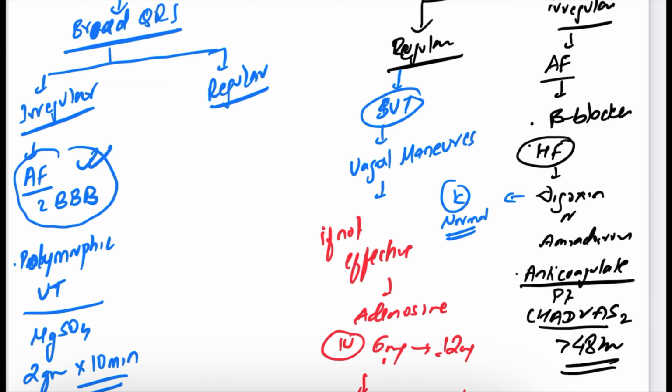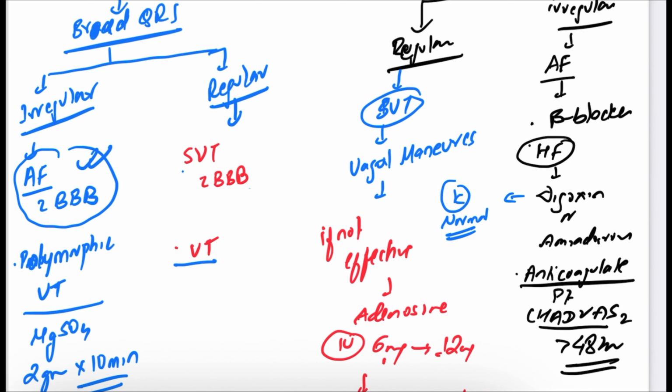If the patient is suffering from a regular broad complex tachycardia, then it can be VT, or it can be SVT. I'll write this first: supraventricular tachycardia with bundle branch block, or it can be VT.